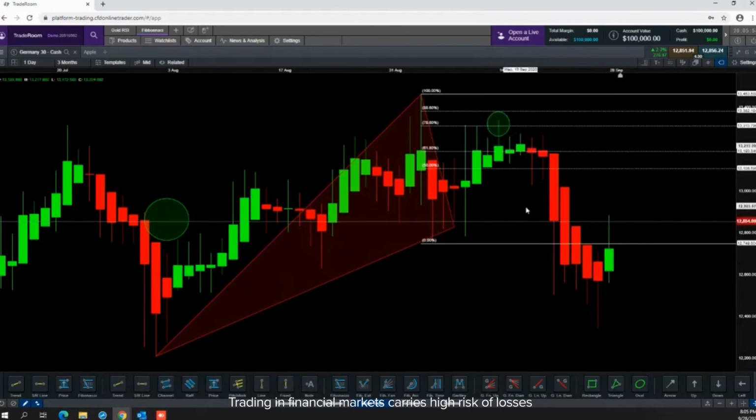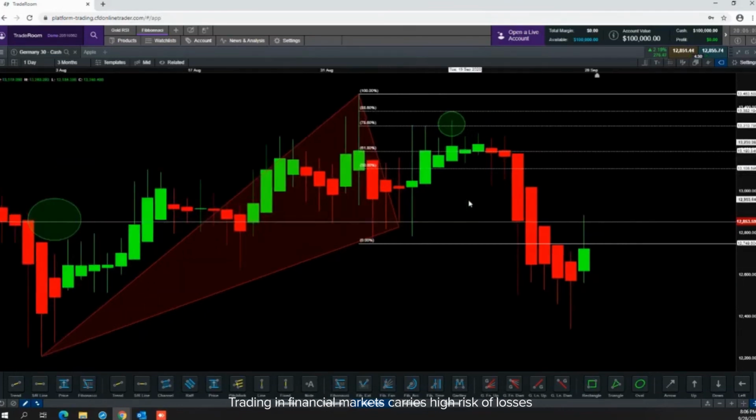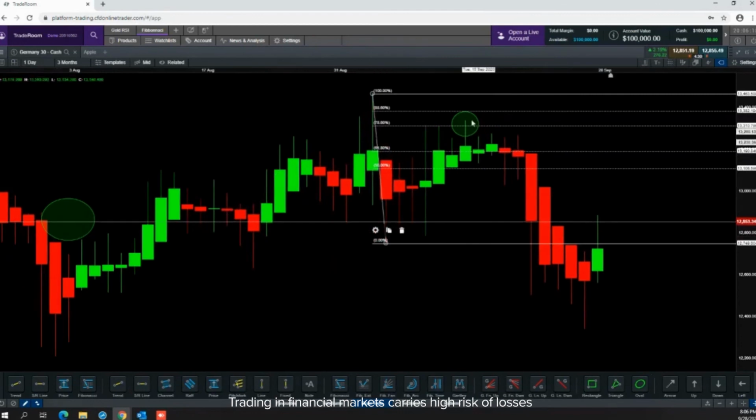Now, if you look at where it had gone, according to this particular pattern, it has to be between 88.6 and 38.2. So it is at 78.6. So this also could still be considered as a pattern. Now we have one more point that has confirmed. So this point has confirmed.